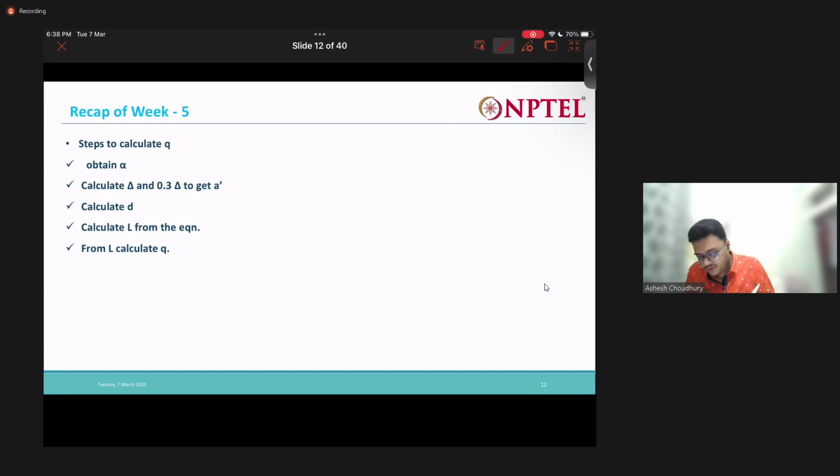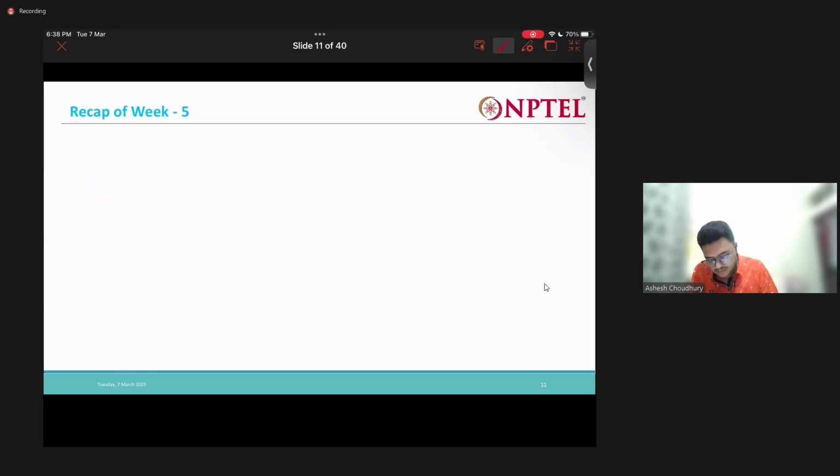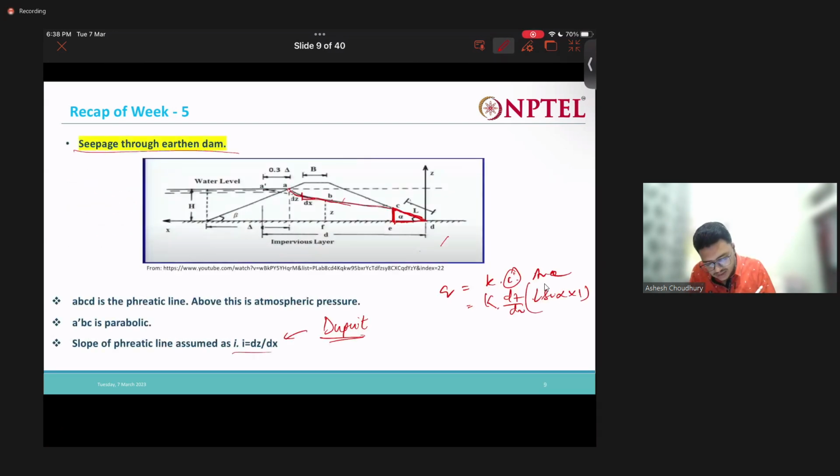So how will we actually get this Q? First we need to obtain alpha. Alpha is nothing but this angle, the downstream angle. We will know this from the cross section of the dam, so this alpha is known to us.